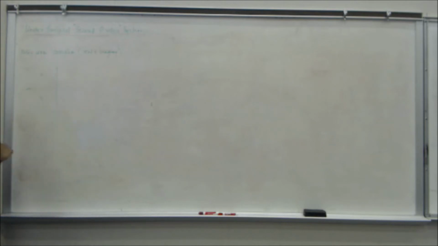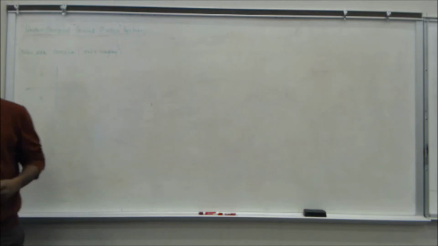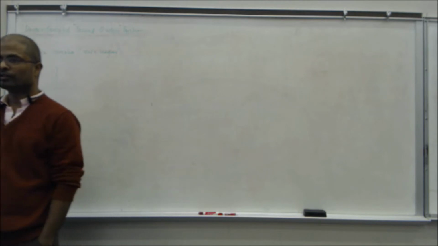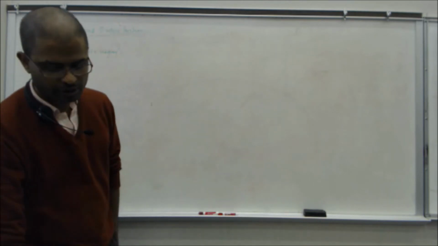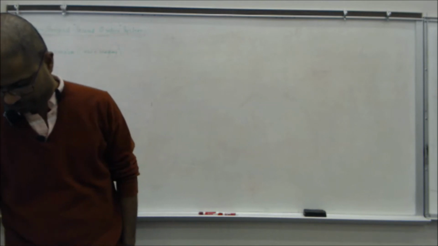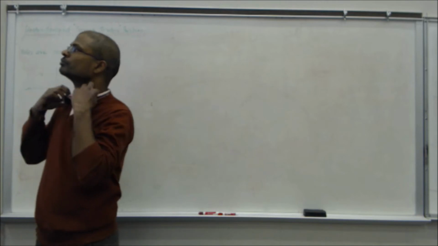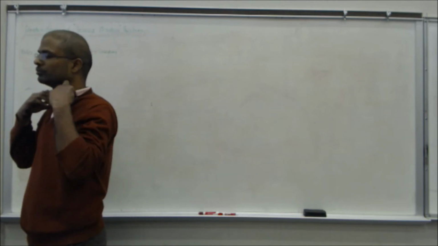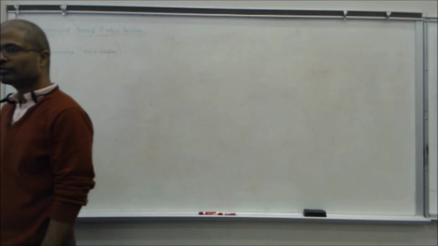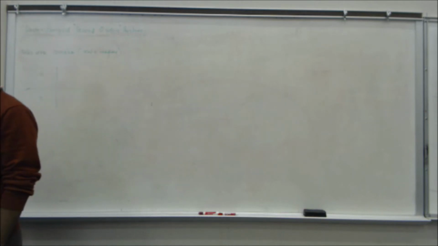So if you look at this, these are some of the transient characteristics of a second order system. The first one you're going to see here is peak time. So what is the peak time? Whenever the system reaches its peak. Right.